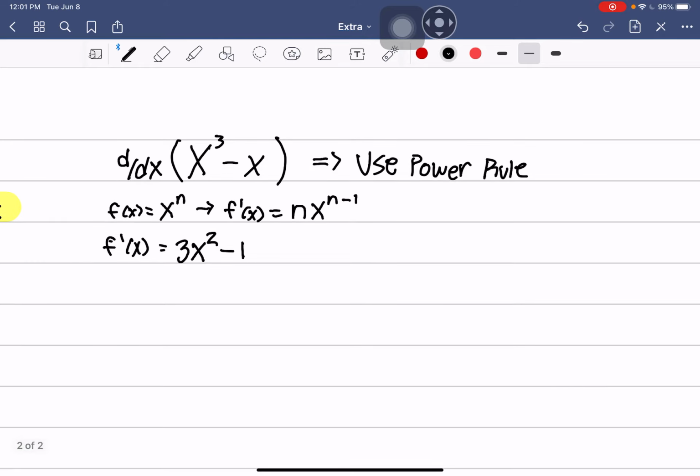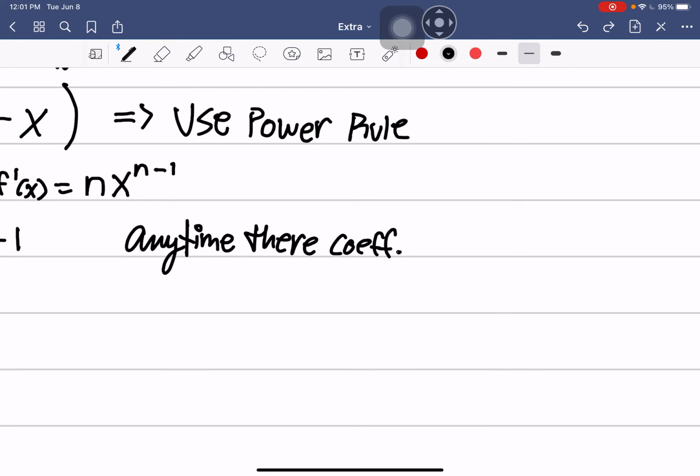Though, remember, anytime you have a constant that's just by itself, so say if it was x cubed minus x minus 2, we would have 3x squared minus 1 minus 0, because the constant always equals 0.